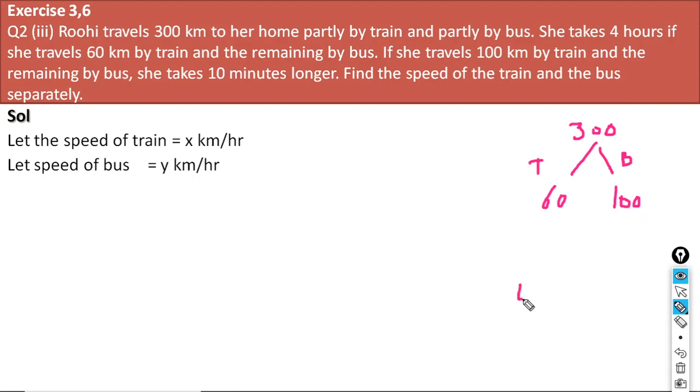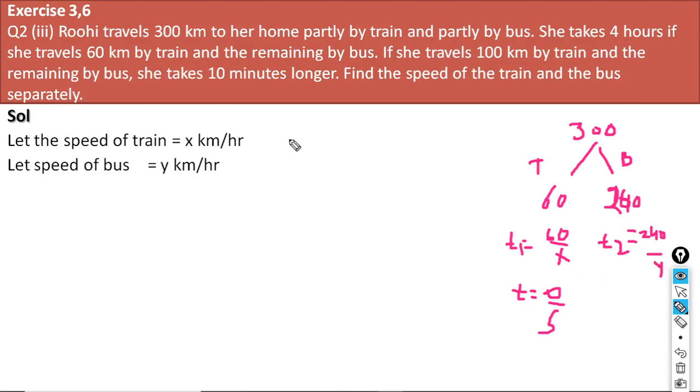Here we have to convert this question in terms of time. You know the formula: time equals distance upon speed. In the first case, the time taken by train will be 60 upon x. For the second case, by bus, it will be 240 upon y.